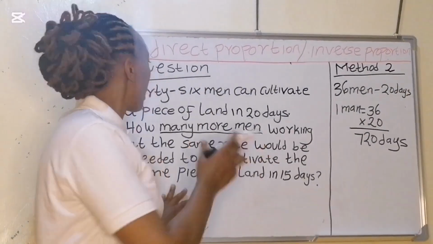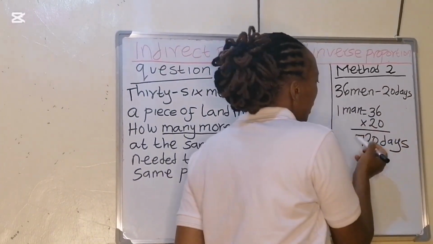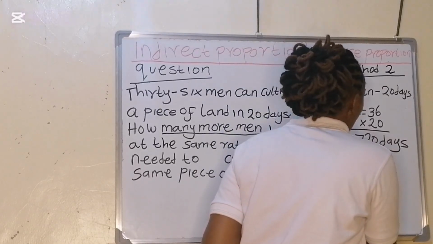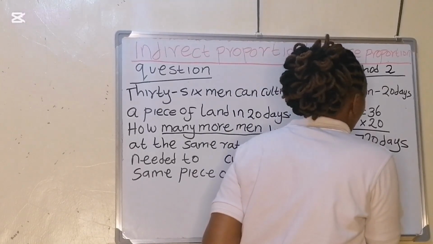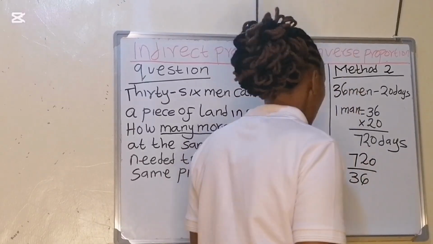What about 36 men? If 1 man can take 720 days, what about 36 men? 36 men is 720 divided by 36. Okay?